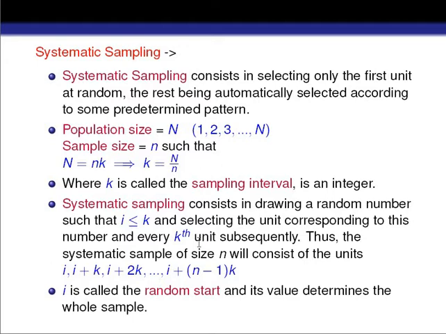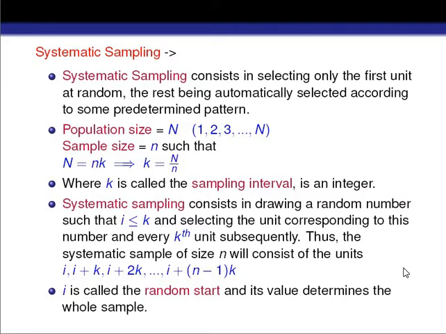Now let's understand the method of selecting a sample from the population using systematic sampling. In systematic sampling, we select the first unit of the sample at random, and then the rest of the units are selected according to some predetermined pattern.